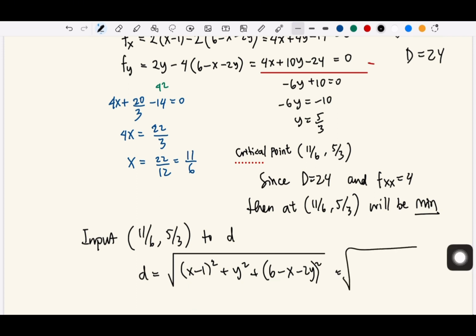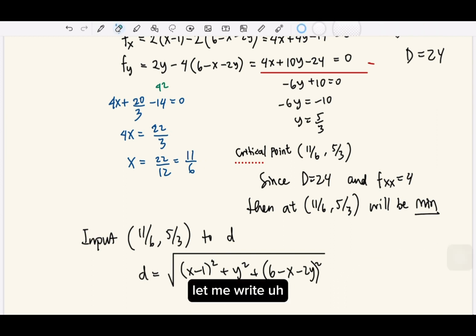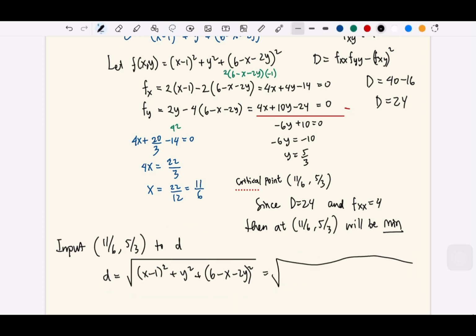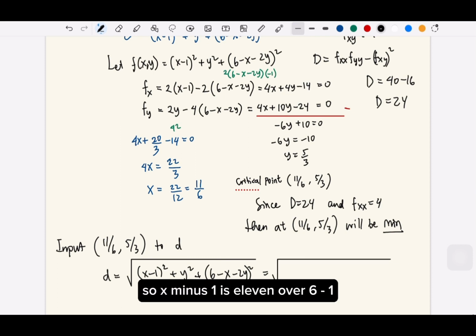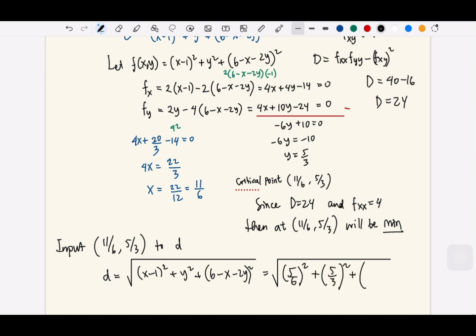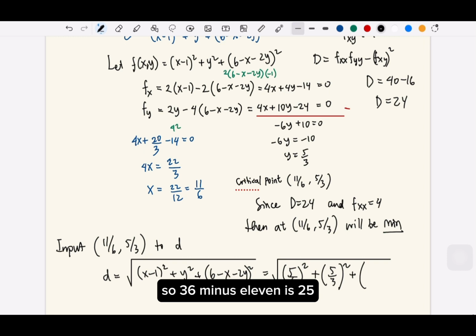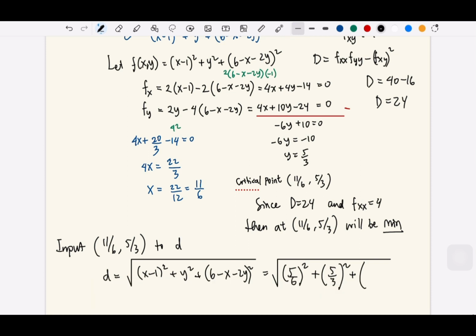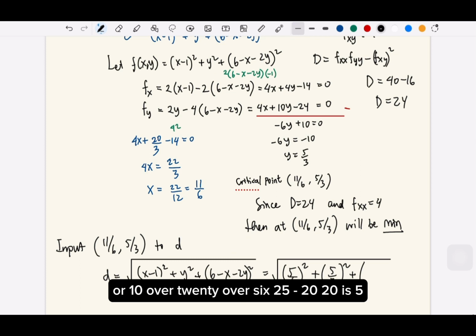So x minus 1, let me write. x minus 1 is 11 over 6 minus 1. It will be 5 over 6 squared plus 5 over 3 squared plus 6 minus 11 over 6. So 36 minus 11 is 25. 25 over 6 minus 25 over 6. 25 over 6. So 2y, 10 over 20 over 6. So 25 minus 20 is 5.